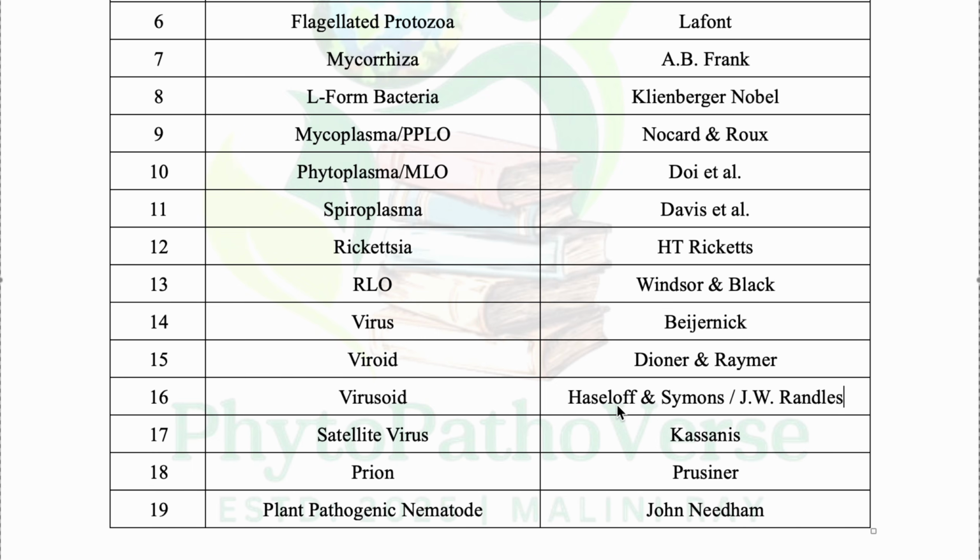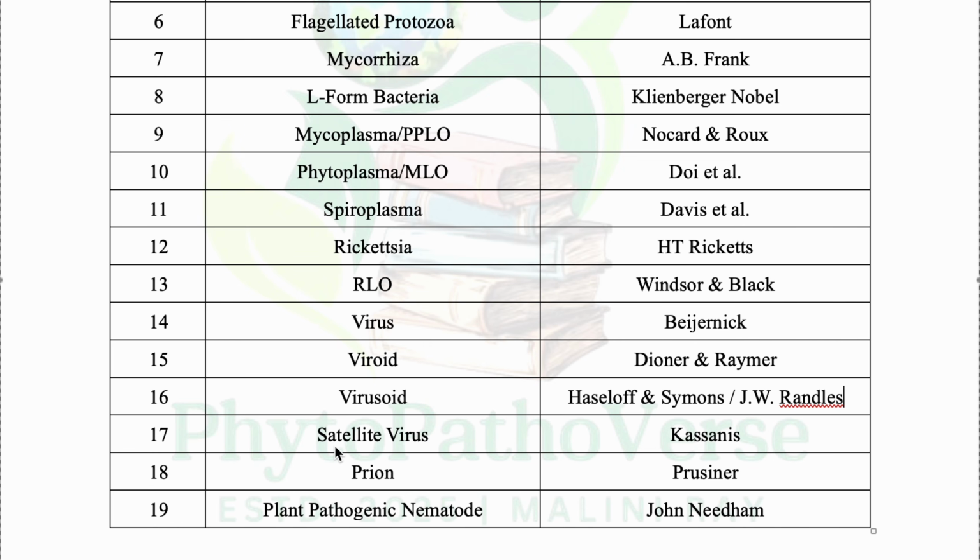But if you follow a book, for example, any reference book like Manoj Kumar Yadav or Utpal Kumar Bhattacharya or even M.K. Khokkar or S.S. Sharma, you will get to see virusoid was discovered by Hasselhoff and Simons. They have mentioned this name. Okay, but if you Google it, it will come Randall. So I would prefer the book one, but you can follow a single source for that.